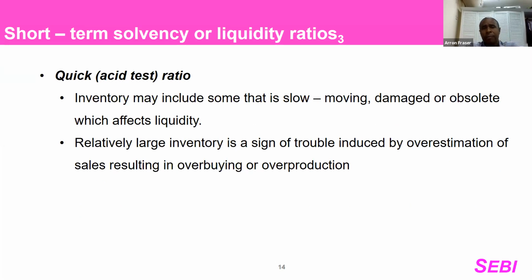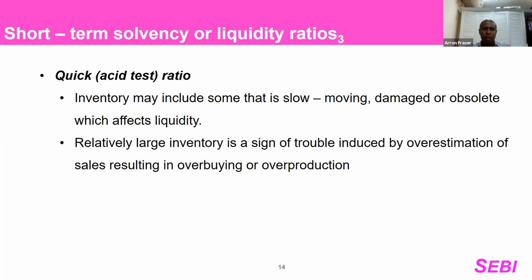Those who come from the accounting background will know that if we have these things, then you might have to make adjustments to inventory, since inventory might not actually be stated at net realizable value, right? So to get rid of that concern, the quick ratio eliminates inventory, right?